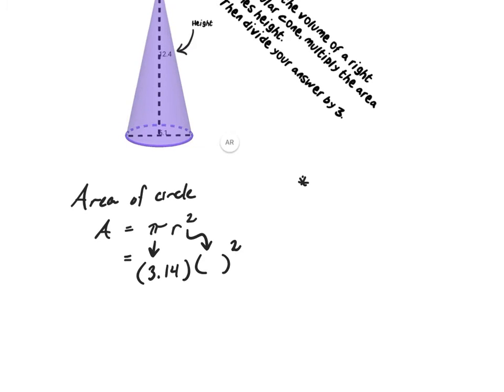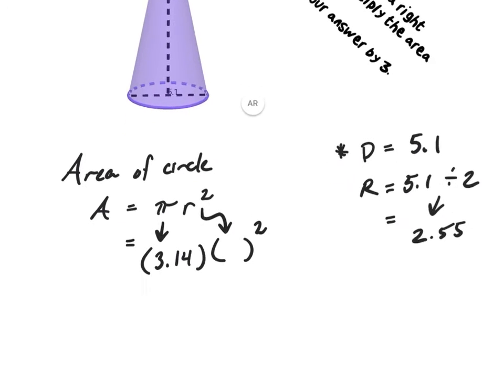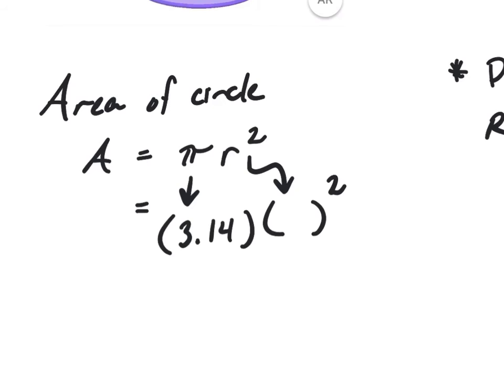So in other words, if we have a diameter that is equal to 5.1, divide that by 2, 5.1 divided by 2 should give you 2.55, and now that is your radius. Your radius is when you split your diameter in half. So let's go ahead and fill in the 2.55.